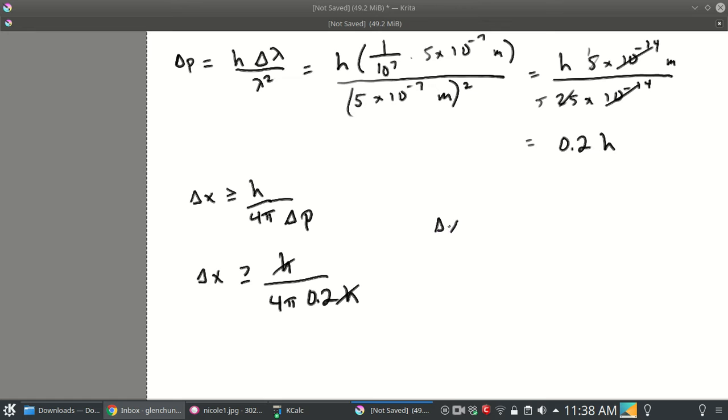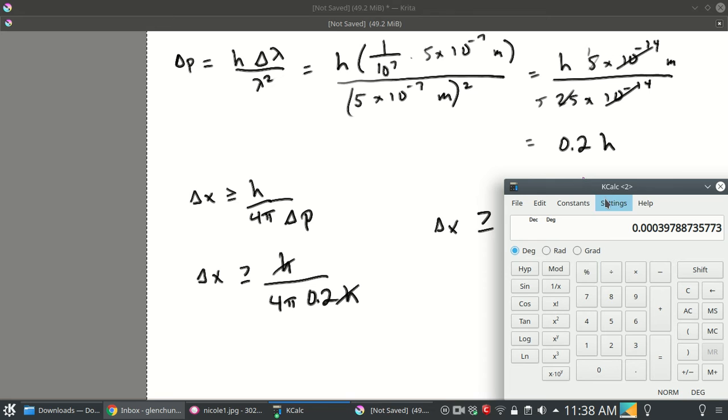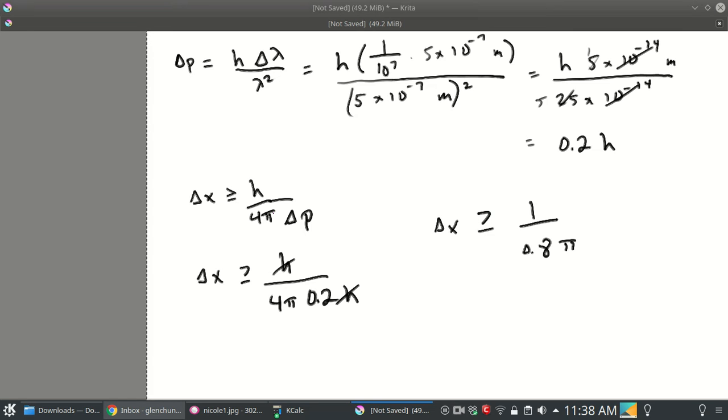So the delta x is greater than or equal to 1 over 0.8 pi. I think it's the same thing except times 10 to the something else. Let's do this: 1 divided by 4 divided by 3.14159 divided by 0.2 is 0.4 meters.